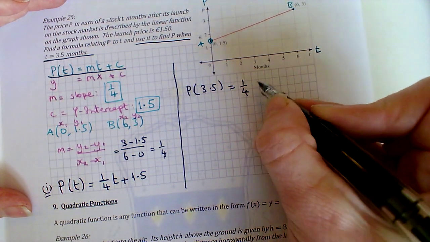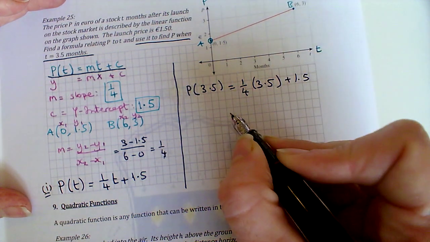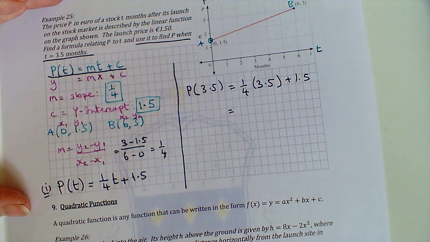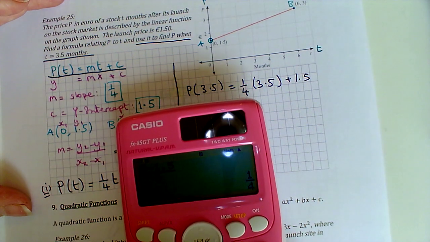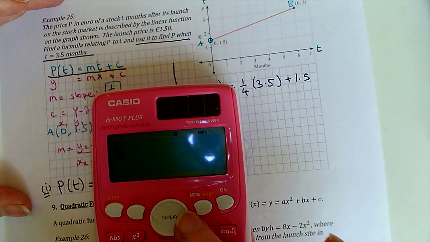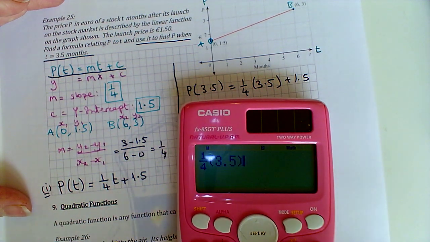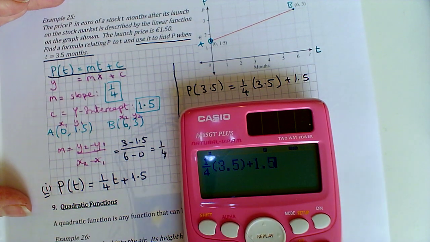So that's a quarter by 3.5 plus 1.5. And we'll just fill that into our calculator and we'll get the price. So that's a quarter, 1 over 4 times 3.5, if you can't see that, plus 1.5.